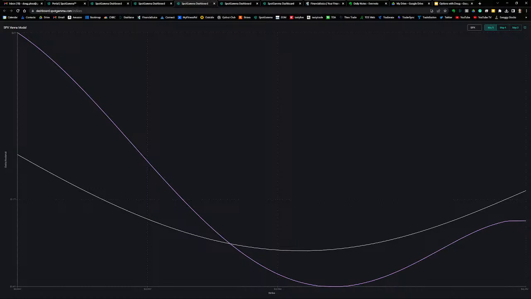And what this is showing is how market makers' delta notional, shown on the vertical axis, changes with price, shown on the horizontal axis. There are two curves on this chart, and the first, this light gray curve, is just showing how market makers' delta notional changes with changes in price.